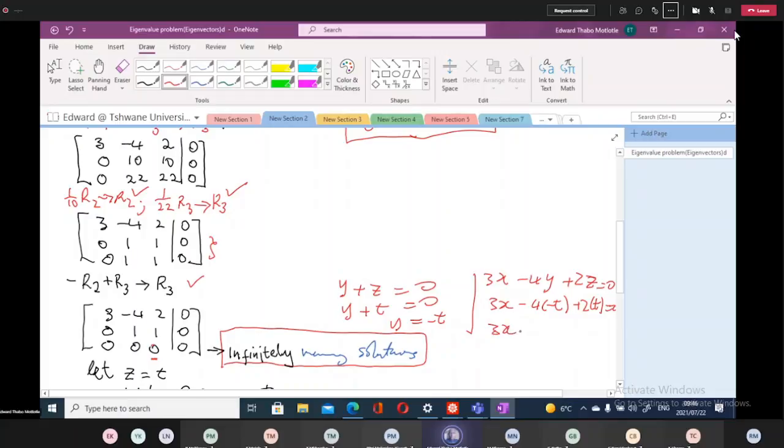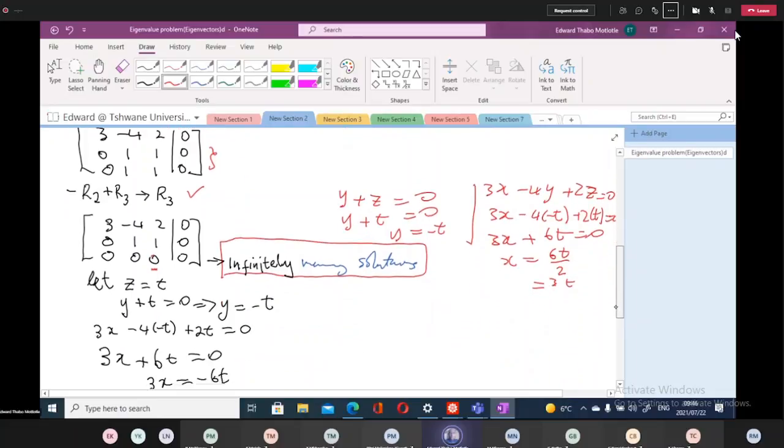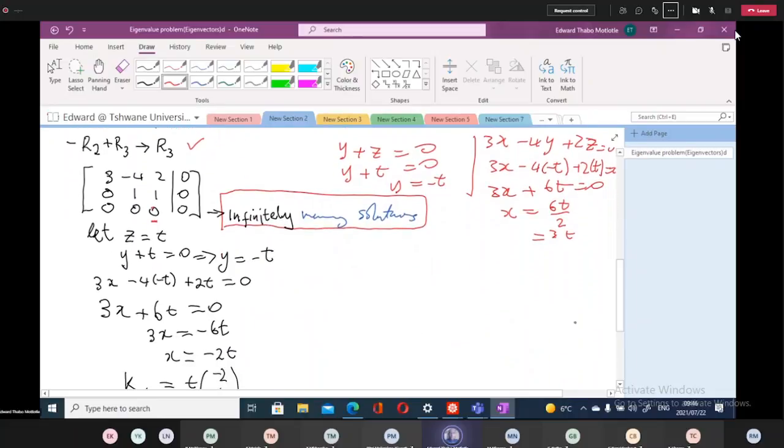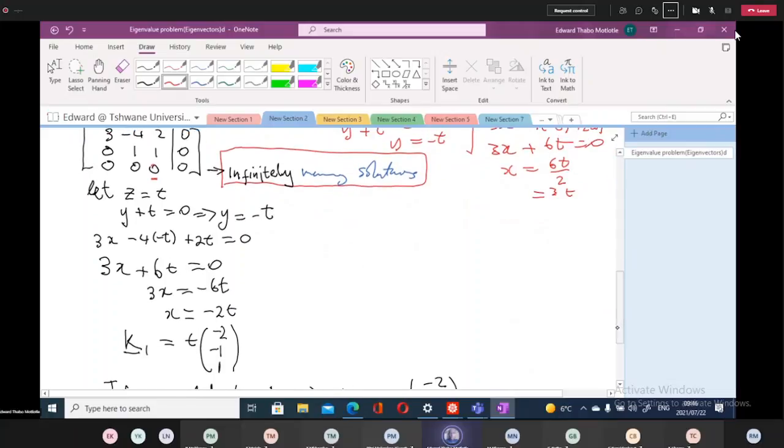So you have 3x, and if you add these two, they give you 6t, so 3x plus 6t equals 0. Then x is equal to 6t divided by 2, which is 3t. Now, immediately after that, you can clearly see that you can take t out as a common factor. So the eigenvector, I have also done it in detail here.